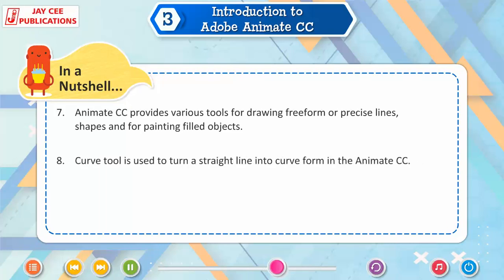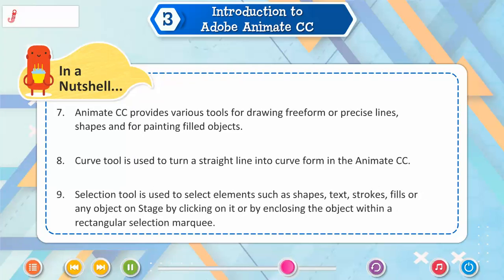Curve tool is used to turn a straight line into curve form in the Animate CC. Selection tool is used to select elements such as shapes, text, strokes, fills, or any object on stage by clicking on it or by enclosing the object within the rectangular selection marquee.